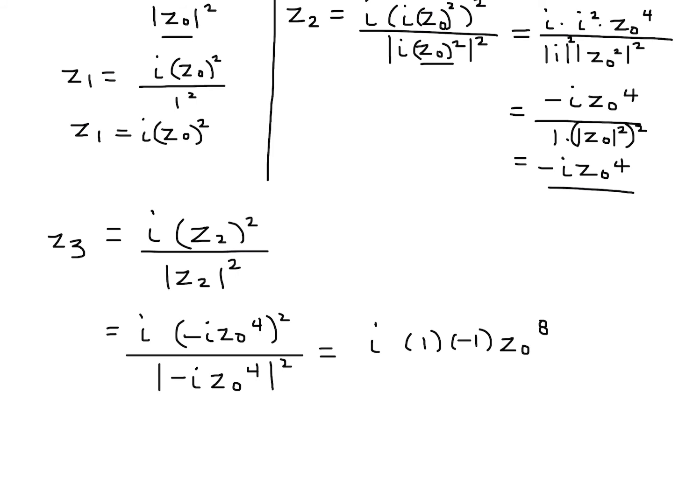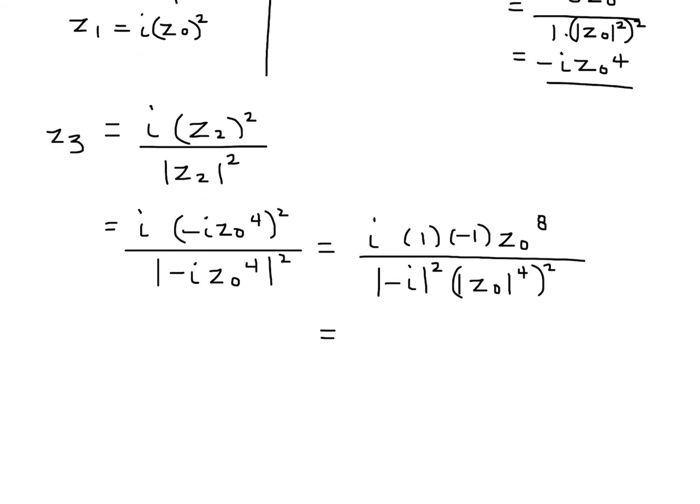And then the denominator, using properties of complex numbers, we've got the magnitude of negative i squared times z0, we can bring that out, to the 4th all squared, like that. This numerator becomes, let's see here, negative i z0 to the 8th.